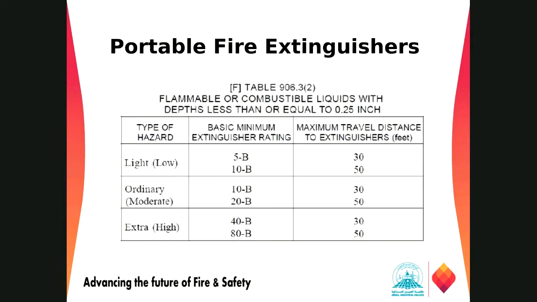For that, in light hazard areas, we need 5B, 10B, 20B, 40B, based on the various applications. The number in front of the B is the square feet: 5B means 5 square feet, 10B means 10 square feet, 20B means 20 square feet, 40B means 40 square feet, and so on. This is the rating for Class B fire extinguishers.